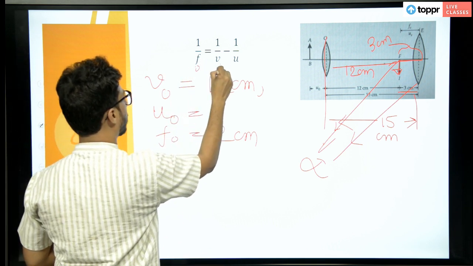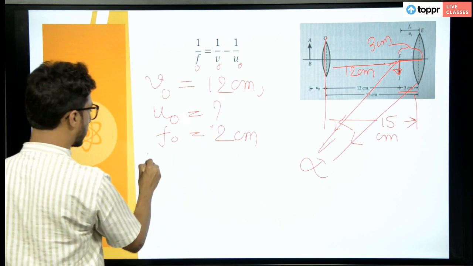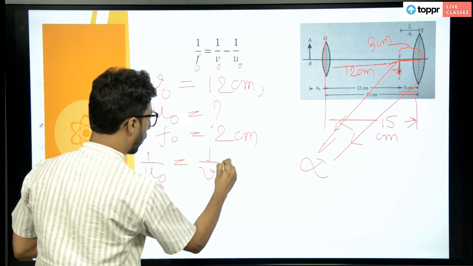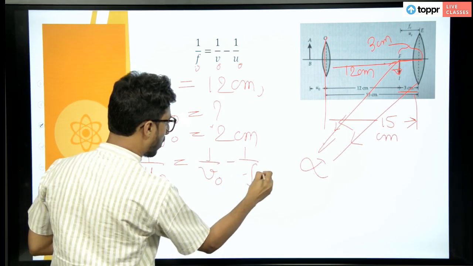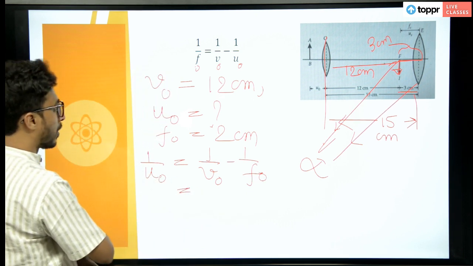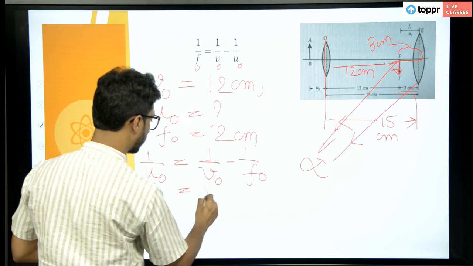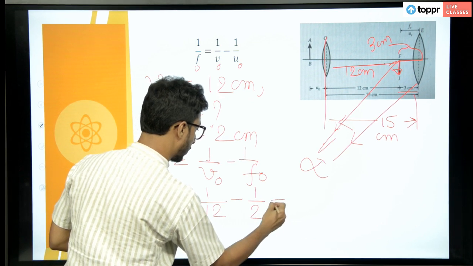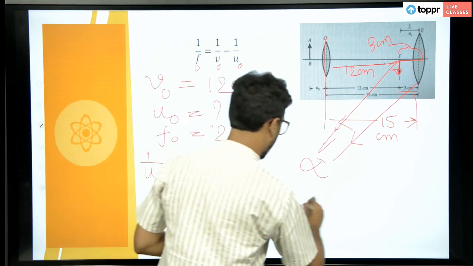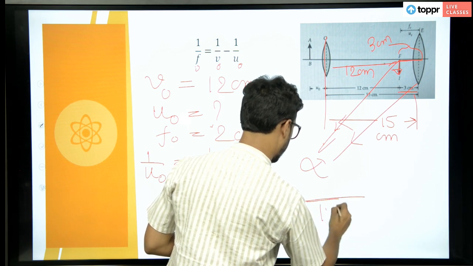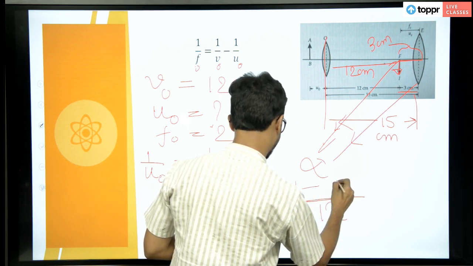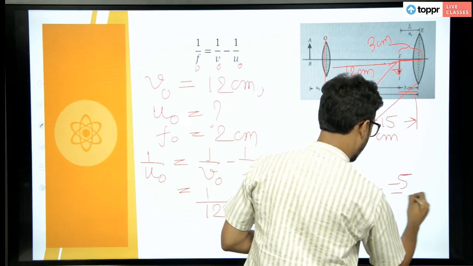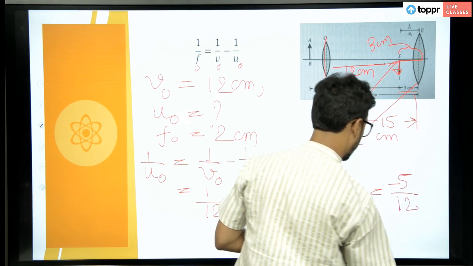If we add the suffix here, if u comes this side, 1 by u0 equals 1 by v0 minus 1 by f0. 1 by v0, if you calculate, this is 12, this is 6, it will be minus 5 by 12.